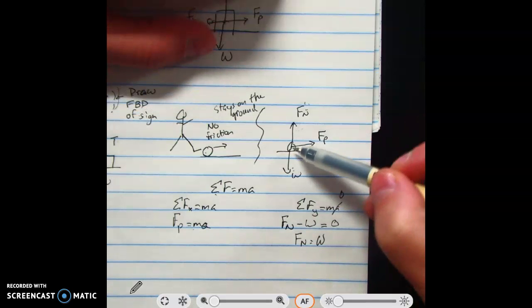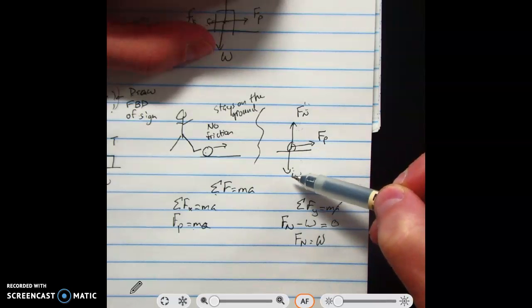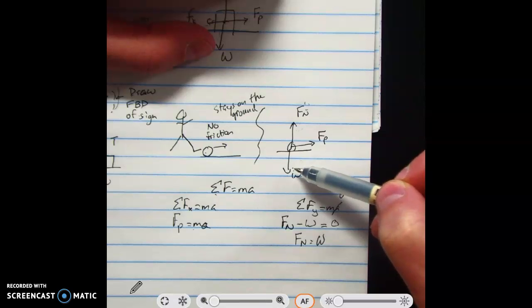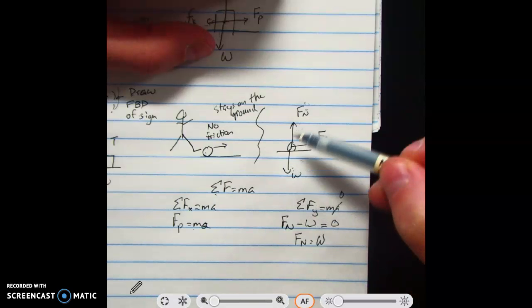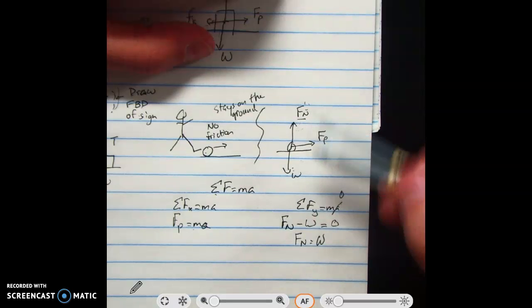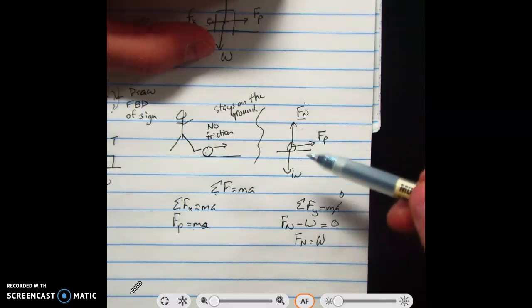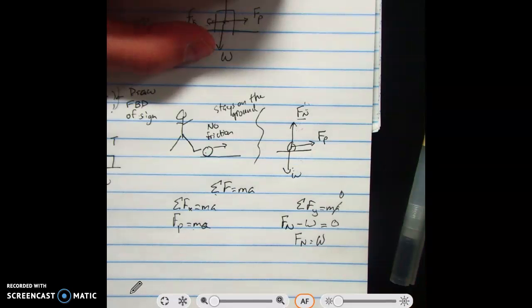So for this ball, the action is that it has mass, and it therefore is applying a force of weight down onto the ground. The ground is then applying a reactionary force, or a force normal, up against the ball. So this makes it so that the ball stays on a level surface and doesn't break through a surface.